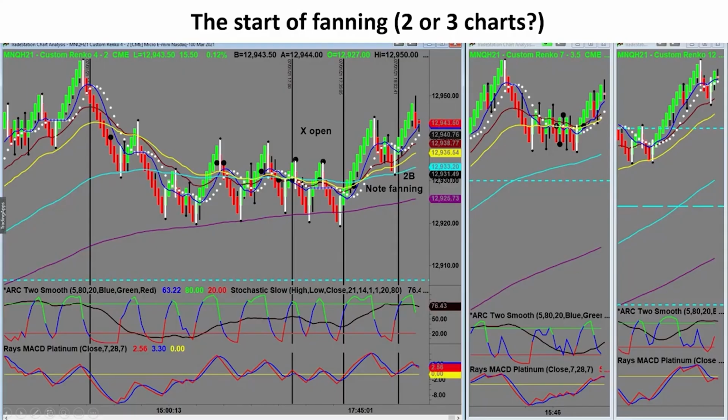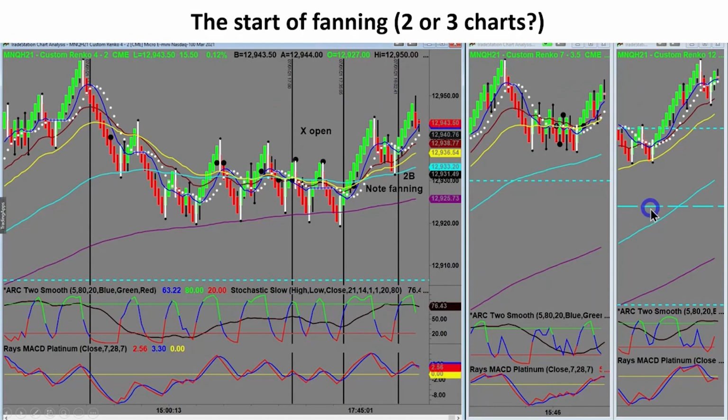Now one of the big questions also here is the charts that we use and the number of charts. Traders, what we can see here is I've got 3 charts on display. The chart on the left here is what I call my entry chart. This is where I do all of my trading. This one here is called the anchor chart 1 and the anchor chart 2.